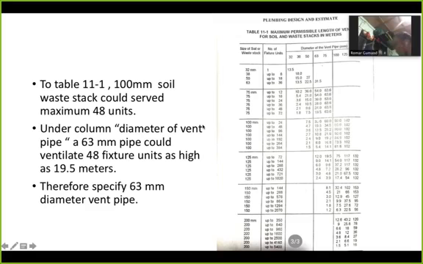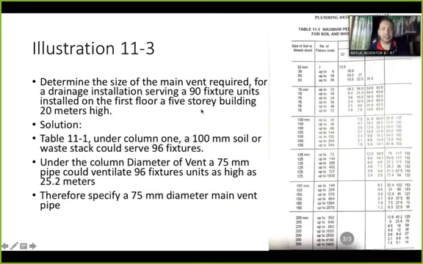So even to design this does not require a highly expert individual, because you are given already the data. So the same thing with this one, 90 fixture units, then 20 meters height. So for 100 soil, can serve 96 fixture units.